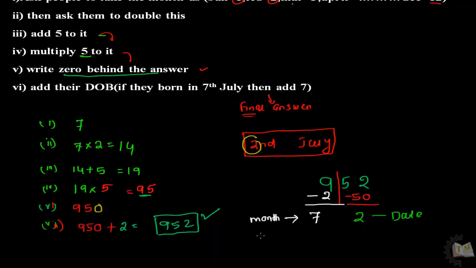Okay, now come to the answer. Now you get date 2nd and 7, that is July. You got the answer, that is 2nd July. You can instantly tell the person that your date of birth is 2nd July, and it is a very interesting formula based on math.